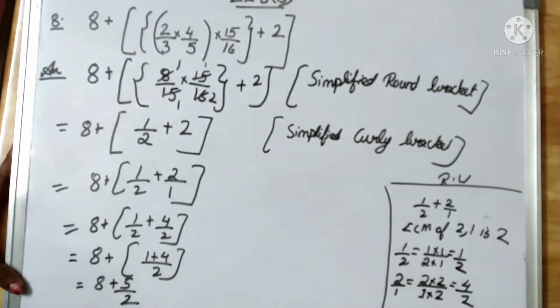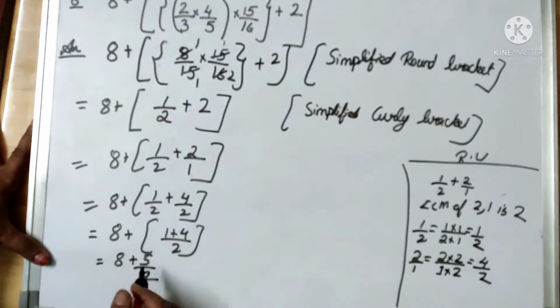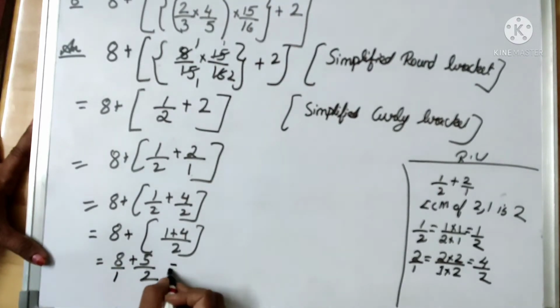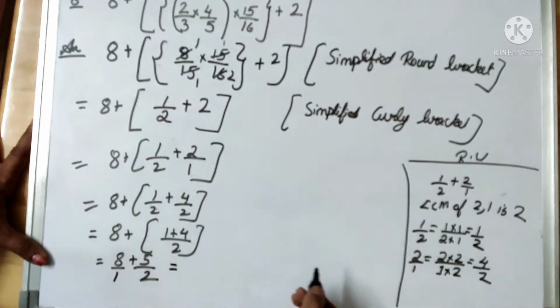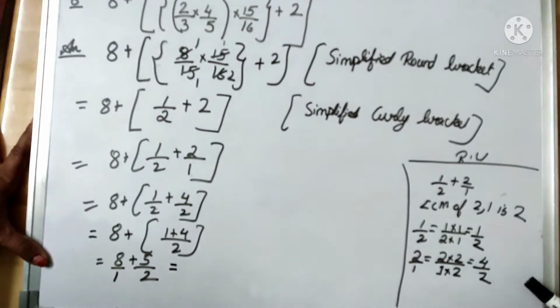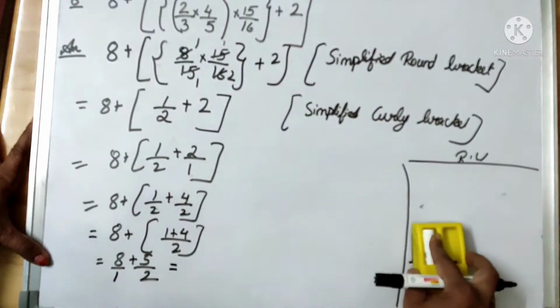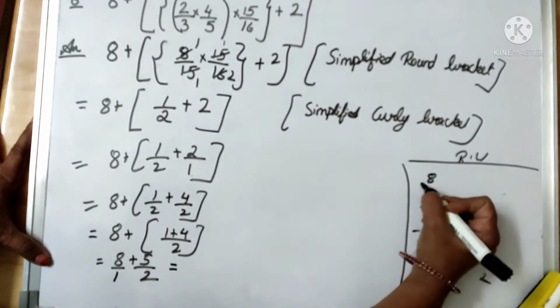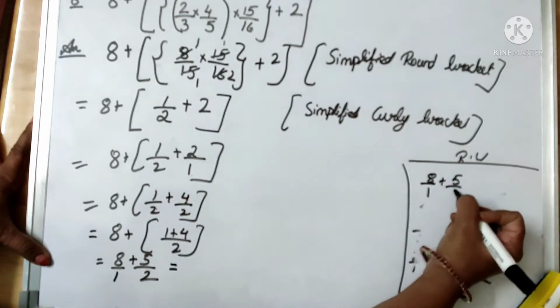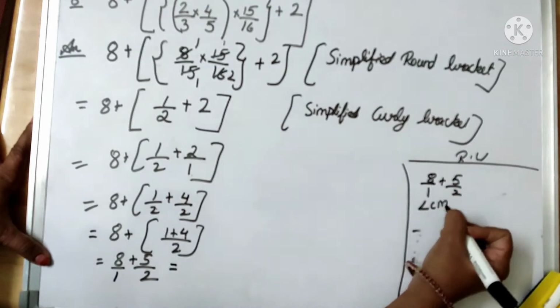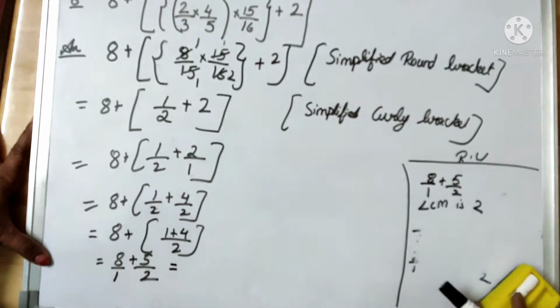Again, I have to perform addition, 8 plus 5 by 2. So, here it will be 8 by 1 plus 5 by 2. Again I have to take the LCM if I have to add 8 by 1 plus 5 by 2. Here the LCM again is 2.